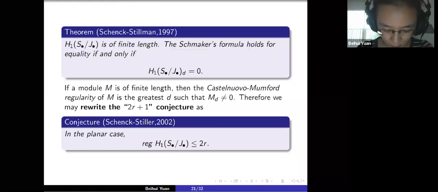Therefore, we may rewrite the 2r+1 conjecture as this. This is the same conjecture. We just rewrite it in terms of the regularity of the first homology of the quotient spline complex. So it may be restated as: the regularity of the first homology of this quotient complex is less than or equal to 2r.